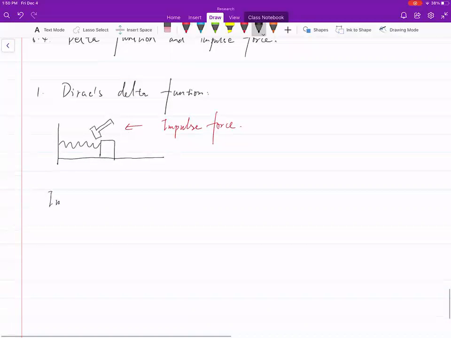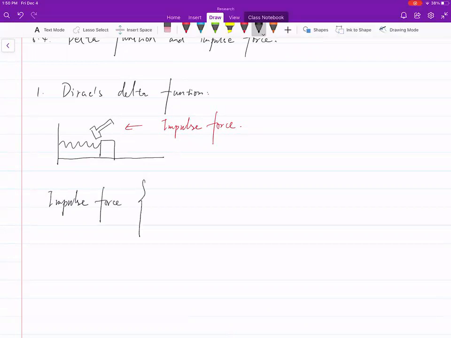What's special about it? Several things. Number one, the total momentum should be finite because you wave your hammer, right? You are a human. You have limited energy and everything. So the total momentum should not be infinity, should be finite. And of course, it should be positive.